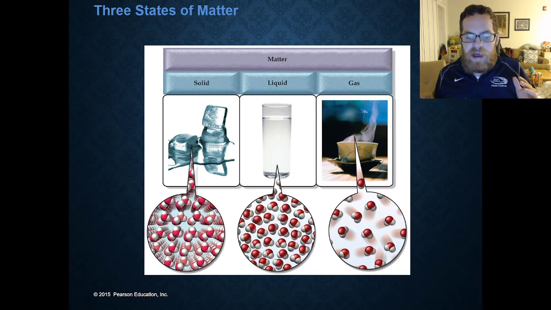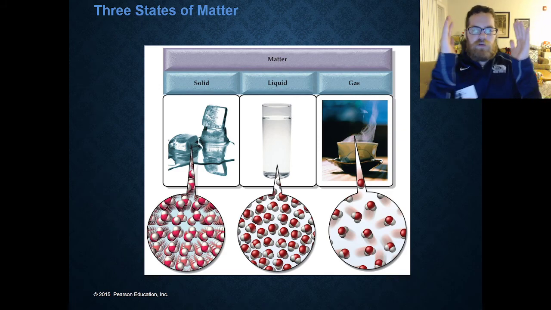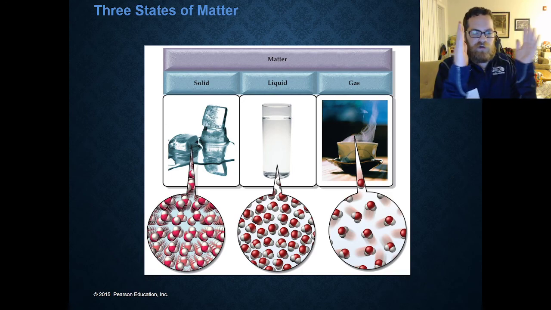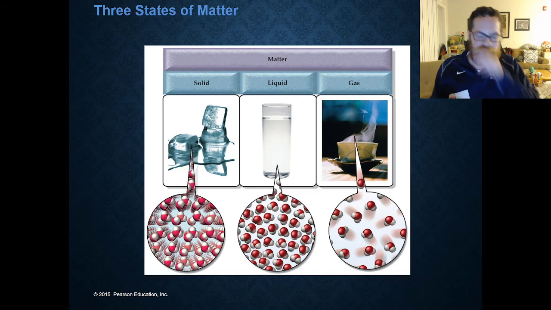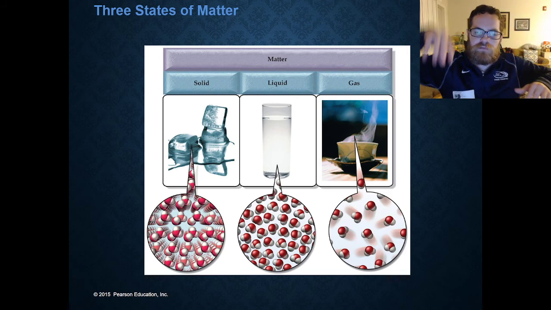They still move around, but they move around like vibrating, like this. They all move together. You don't have movement that doesn't occur together. So you can't just pick up one half of a solid and the other half doesn't come with it.